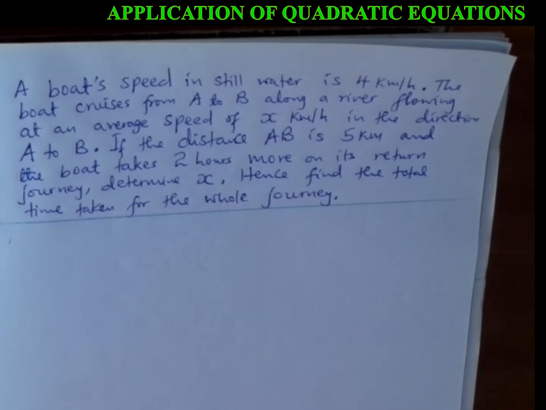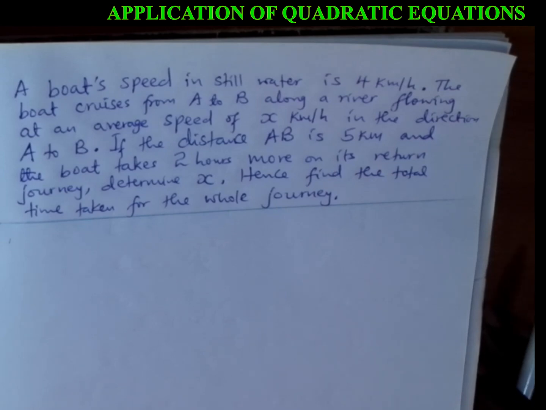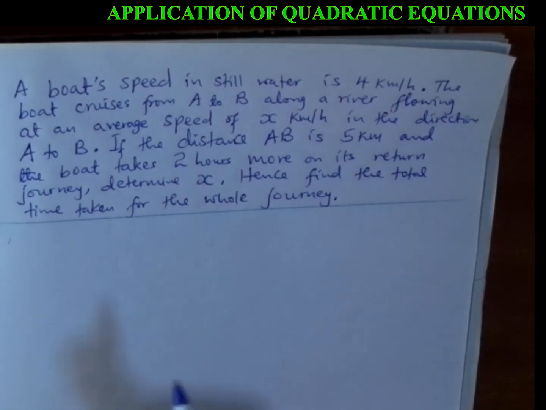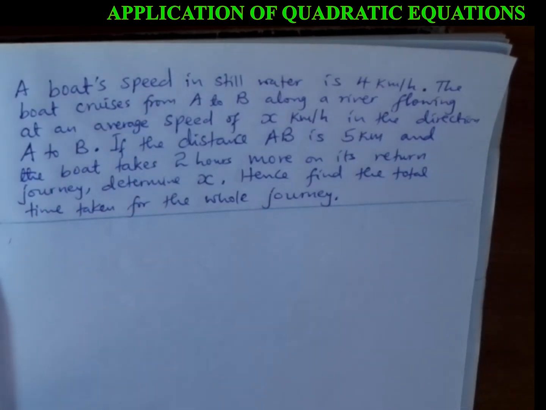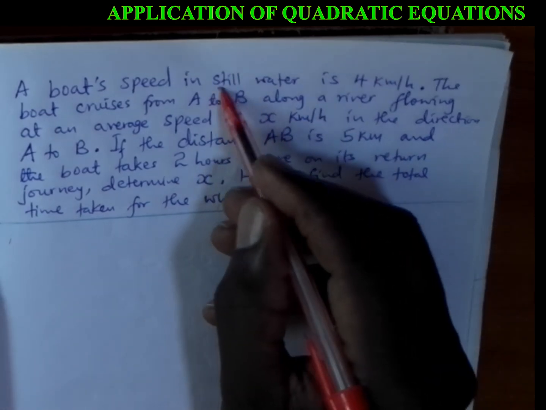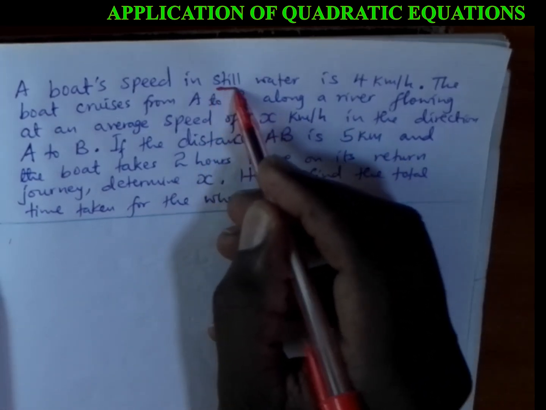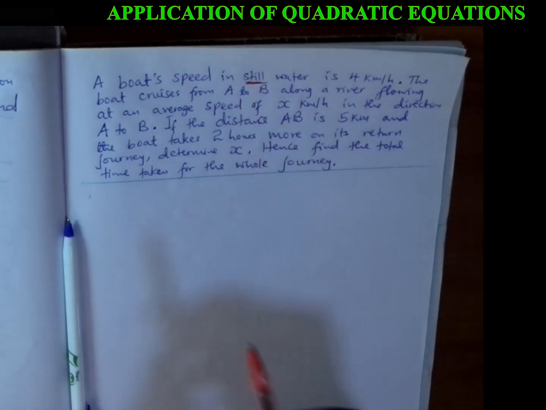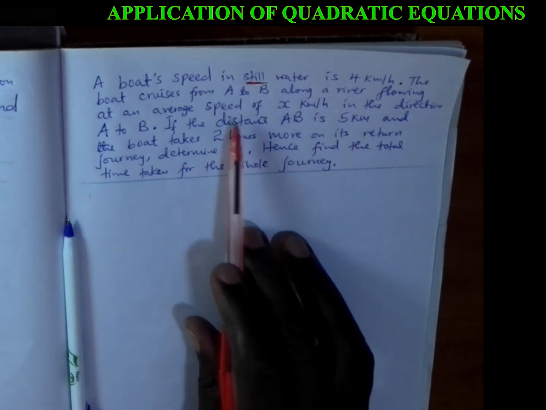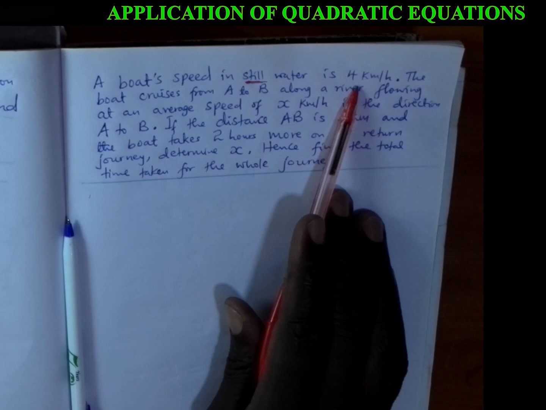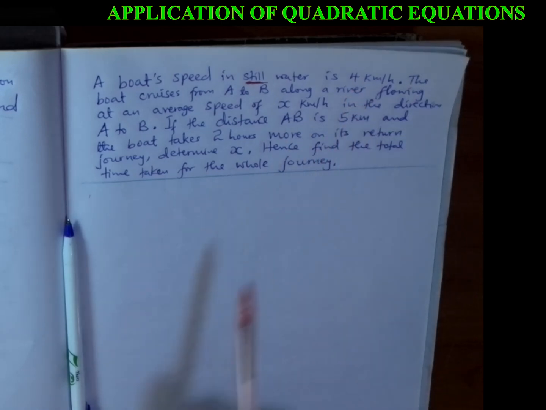Now for this case, we have been given the speed of the boat in still water. So the key words we have to look at when interpreting this question is: in still water is 4 km per hour.